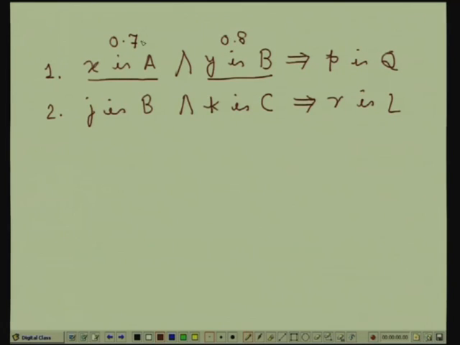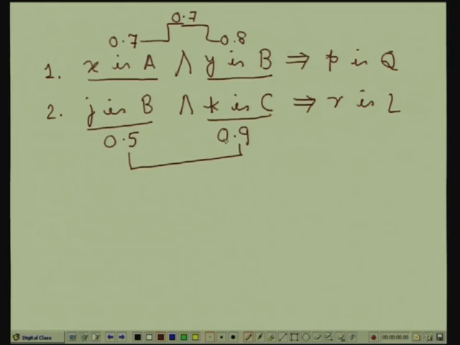So, we took the mean of these two and this antecedent evaluated to 0.7. Suppose this part evaluated to 0.5 and this part evaluated to 0.9. So, I will take the mean of this. So, it will be 0.5.